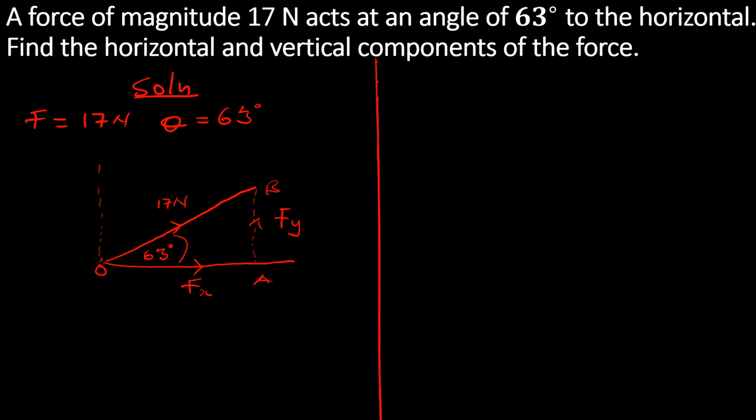So by using the trigonometric ratios, we now have our adjacent to be F of X, and we have the opposite to be F of Y, and we have our resultant to be 17 Newton.